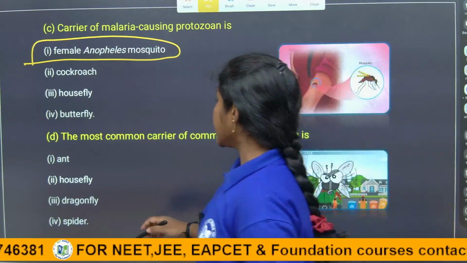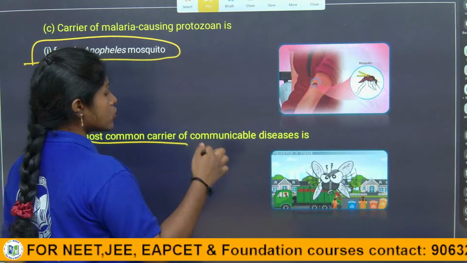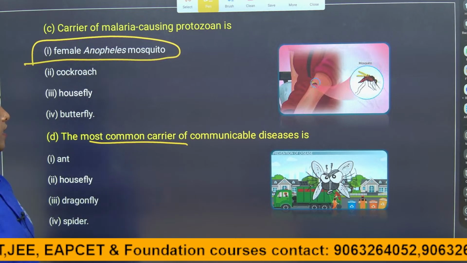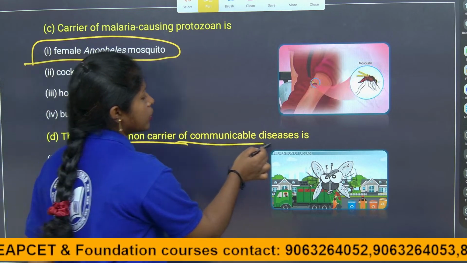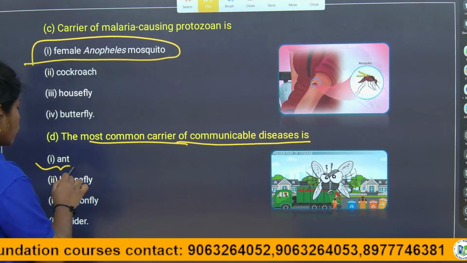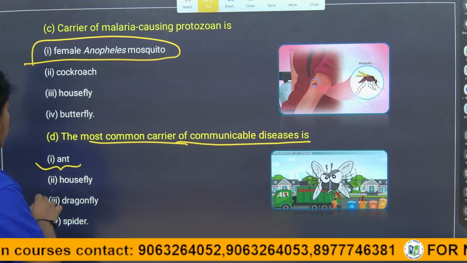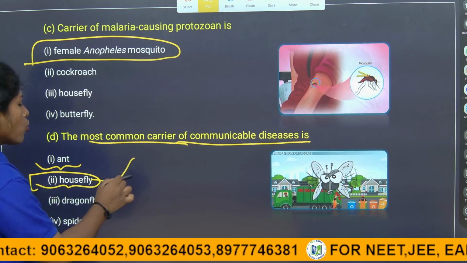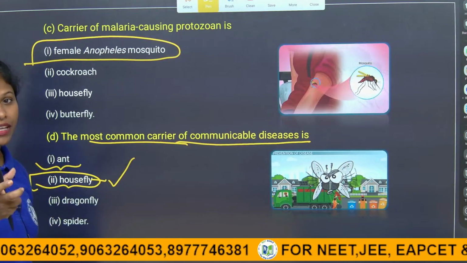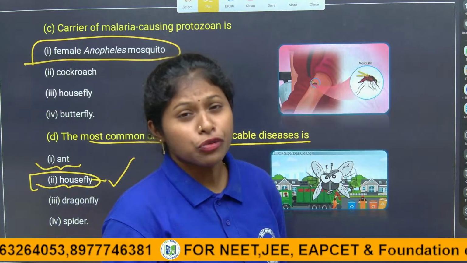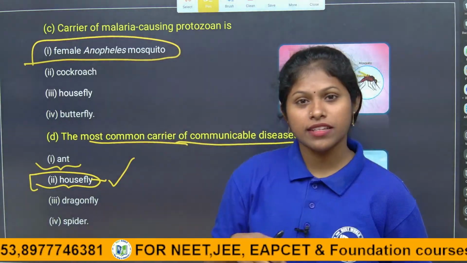They are asking which usually carries diseases most commonly. The most common carrier for communicable diseases, you are asking. Is it the ant? No, the ant is not the answer. The housefly is the correct answer. It travels from one place to another and falls on contaminated food, water and dirty places, right.